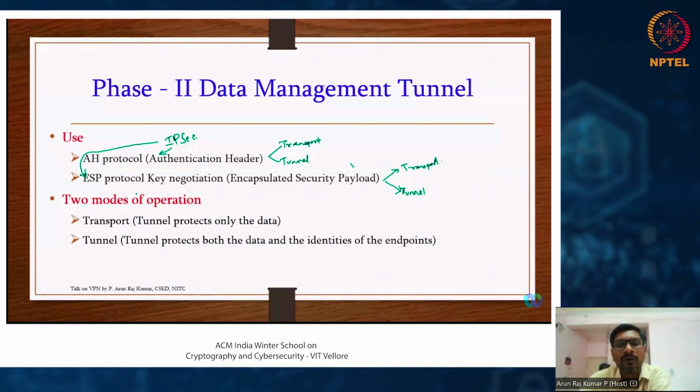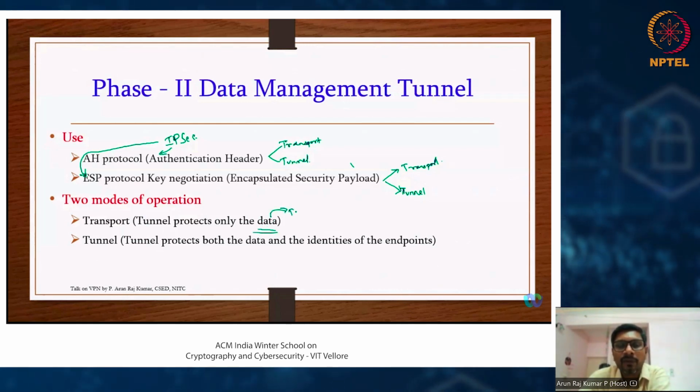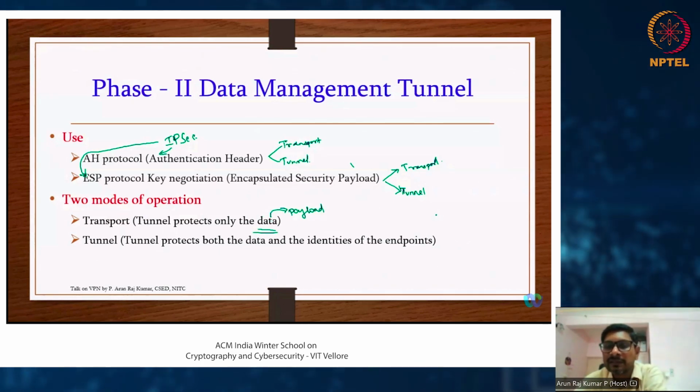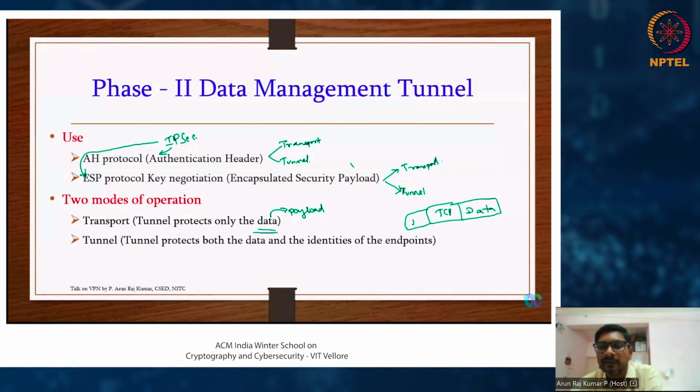In transport mode, it protects only the data, which is actually your payload. Only the payload portion is protected. Payload in the sense, if I go back to the same slide, this is data. Data will be attached with the TCP header, and then attached with the IP header.